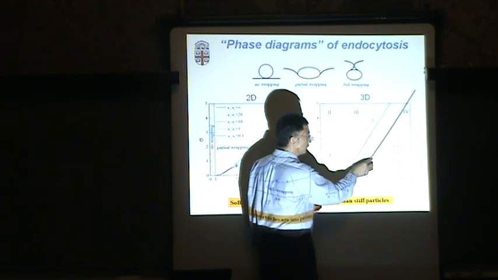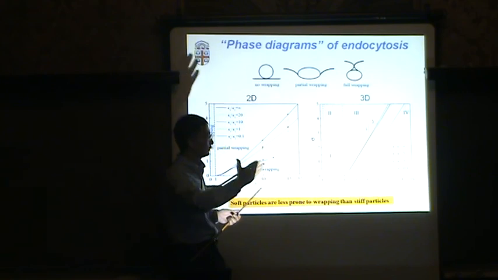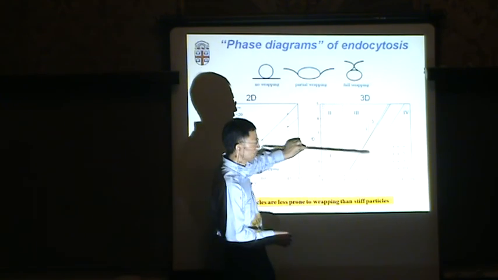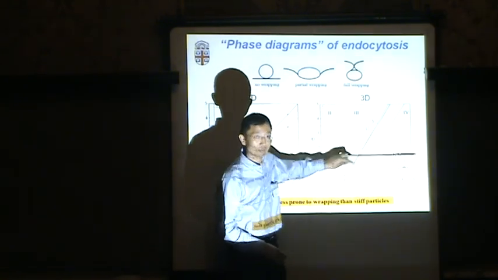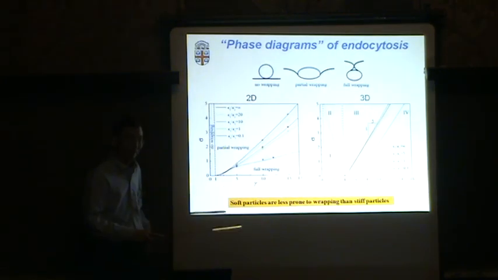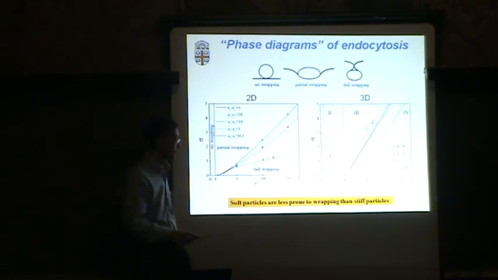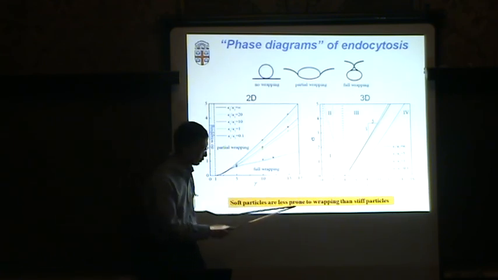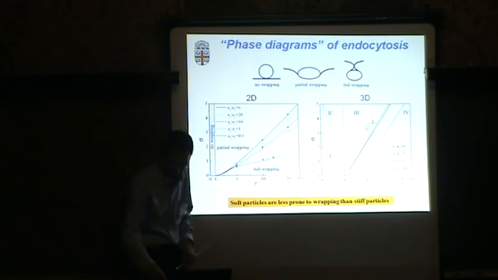Then you have a shift in the phase boundary, which also makes it more difficult to wrap. Summarizing both 2D and 3D analysis, we conclude that soft particles are less prone to wrapping than stiff particles.